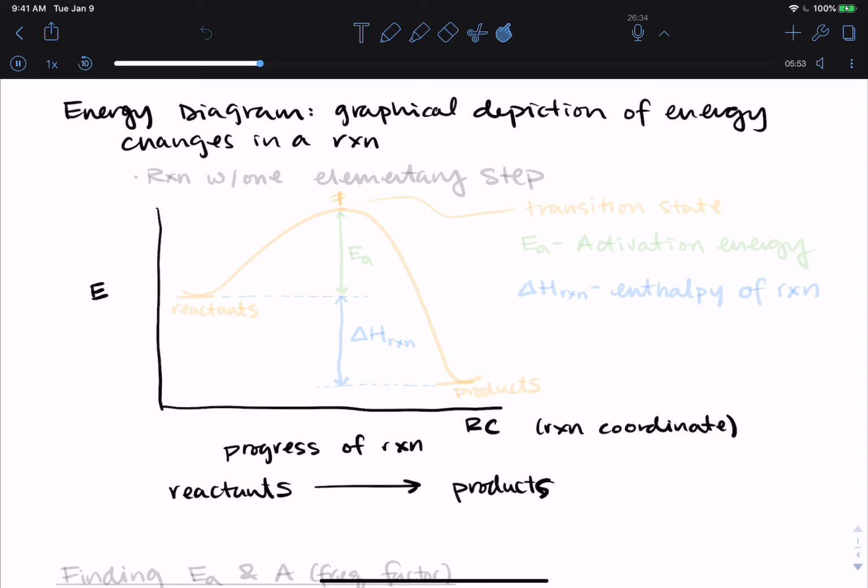So you can have reactions that have multiple steps and whatnot. We're going to start with just a reaction with one elementary step, and we will deal with elementary steps much more as we get into reaction mechanisms. But just so that you have a good description of what we're going to draw here: a reaction with one elementary step.